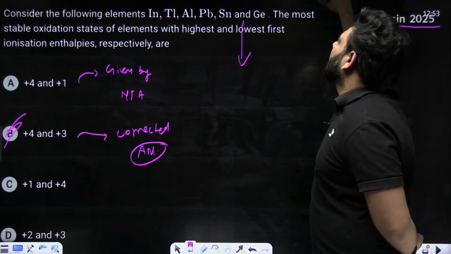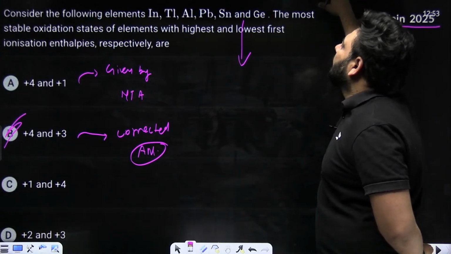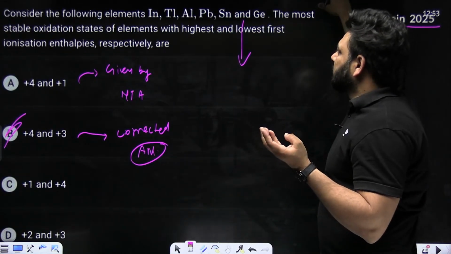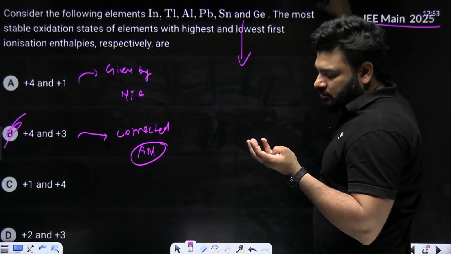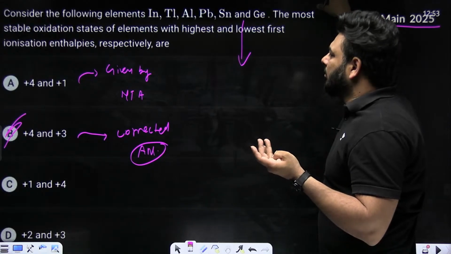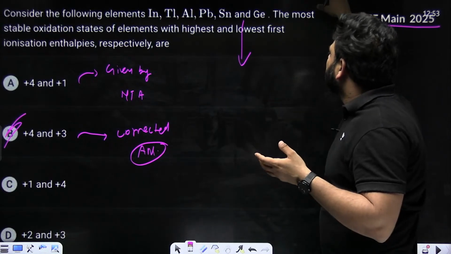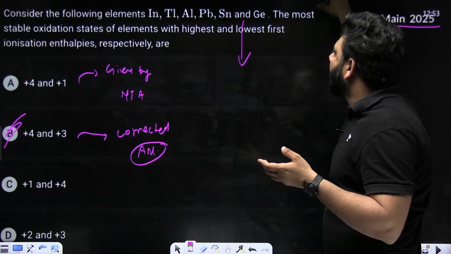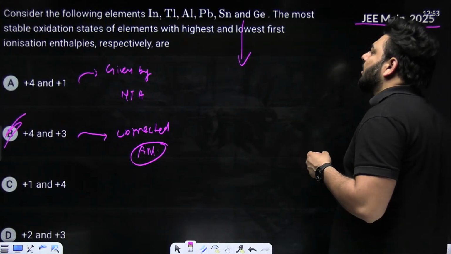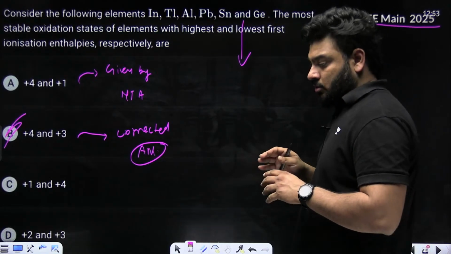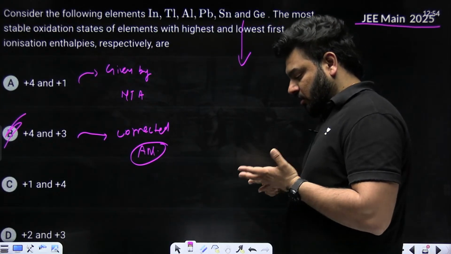Out of silicon, germanium, tin, lead, the first ionization enthalpy highest will be of carbon, silicon, germanium, tin, lead.